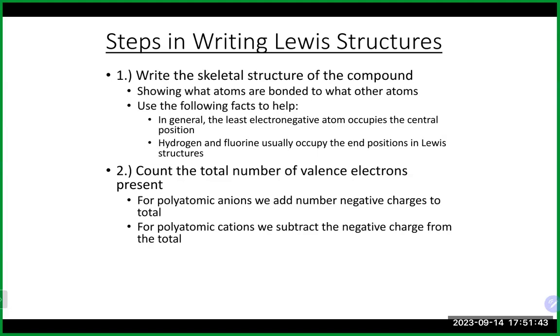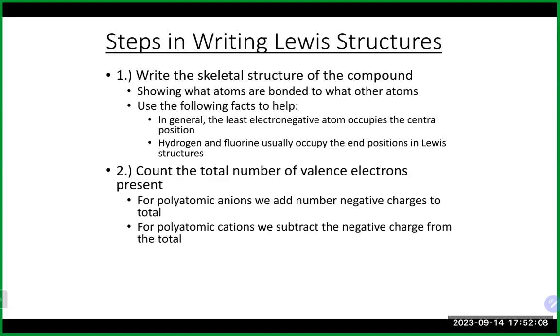So the first thing we want to do when we draw a Lewis structure is think about the skeletal structure of the compound. This is the logical arrangement of how the atoms are put together. In a lot of cases, for the structures we draw in this class, there's one atom in the middle that's the central atom, and everybody else is attached to it. It is possible to have multiple central atoms.